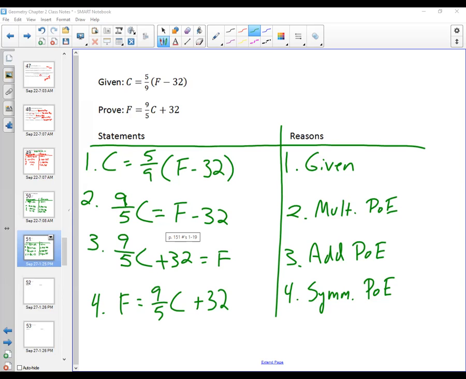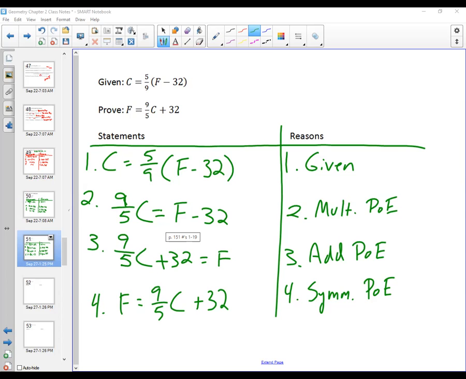Yeah. For the most part, the properties we went over today, you might need to spend a moment on reflexive and symmetric just to keep them straight, and 30 seconds on transitive. But you should know distributive, addition, subtraction, multiplication, and division, right?